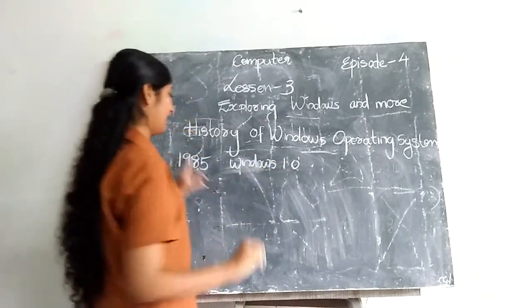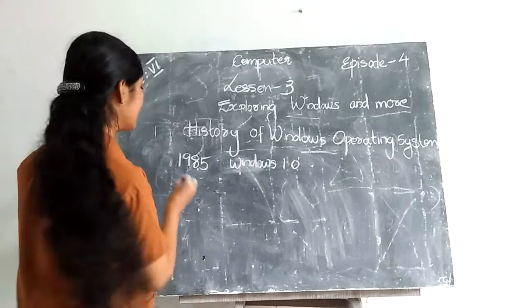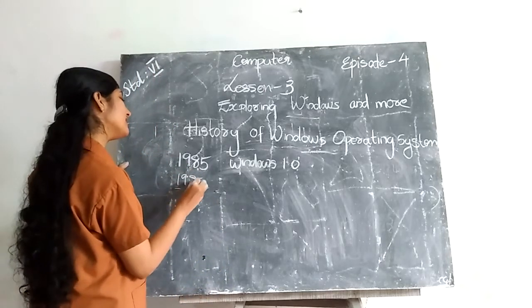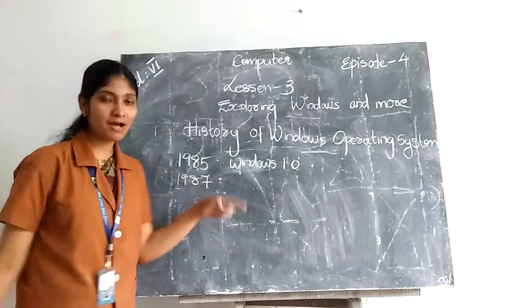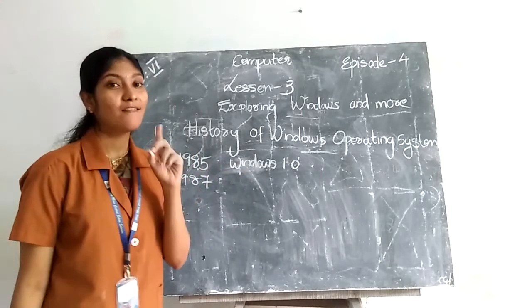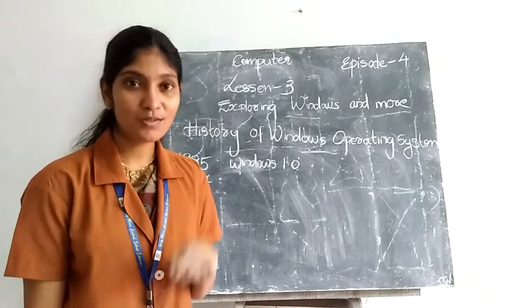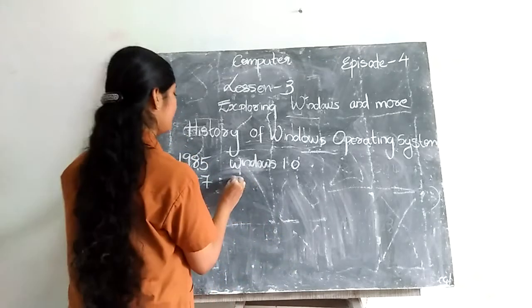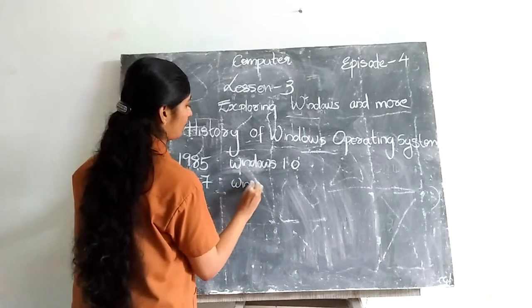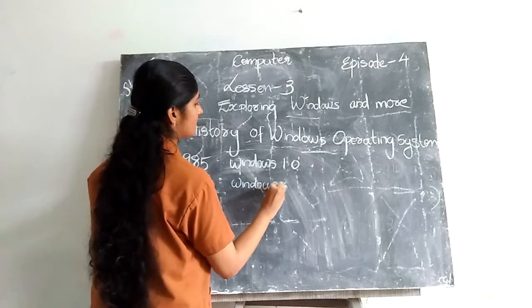Then after 2 years, in 1987, they came with some updates in this Windows, that version is Windows 2.0.